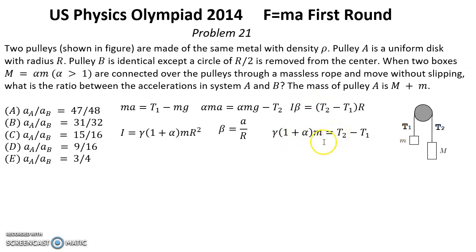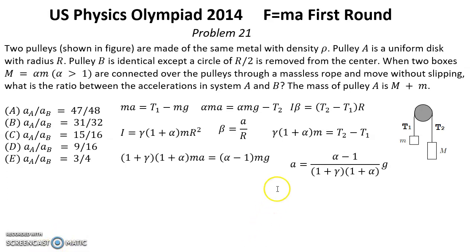Now, to count what the acceleration is, we need to add the first equation, the second equation, and this last equation to cancel all tensions. So finally we have this equation from which we can count the acceleration. Finally we have an expression for acceleration in both cases, which depends only on gamma.